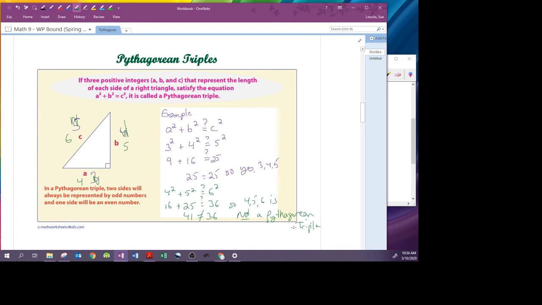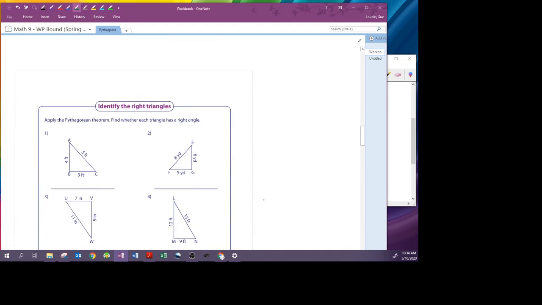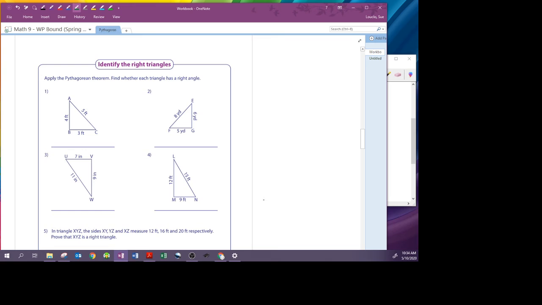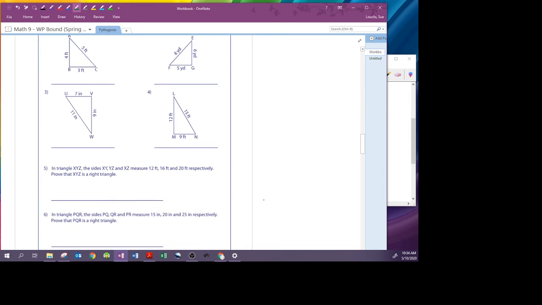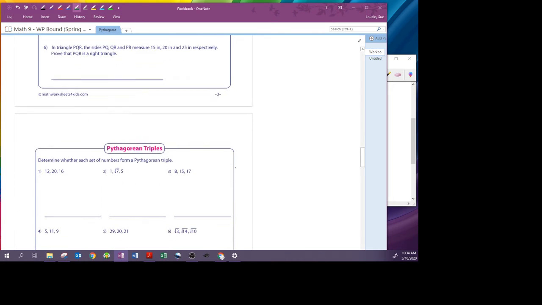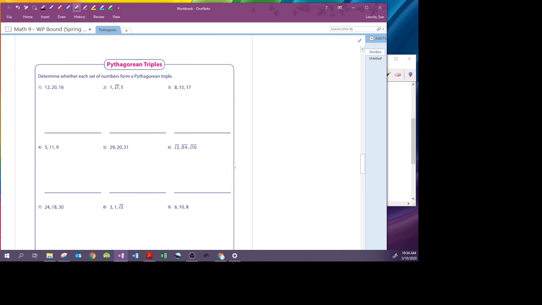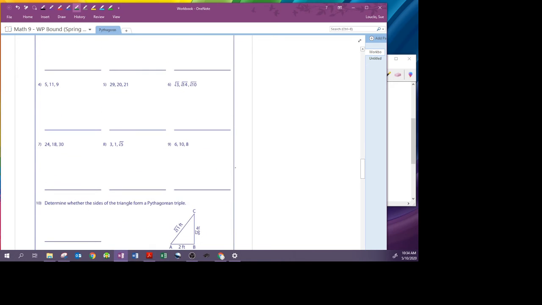Okay, so on the examples on the next page, you're just going to do those calculations with the sizes given and determine if these are right triangles or not. These ones are just using numbers, so figure out what they are.